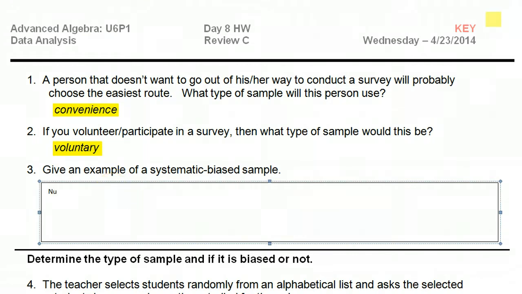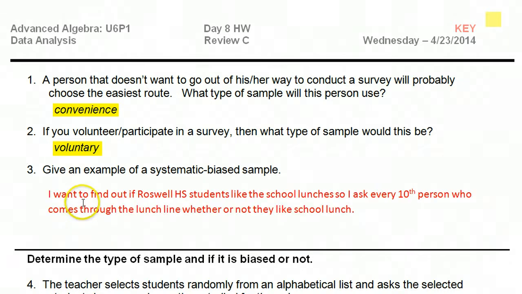So number the population. Well, let me come up with a story here. Here we go. I want to find out if Roswell High School students like the school lunches. So I ask every 10th person who comes through the lunch line whether or not they like school lunch.